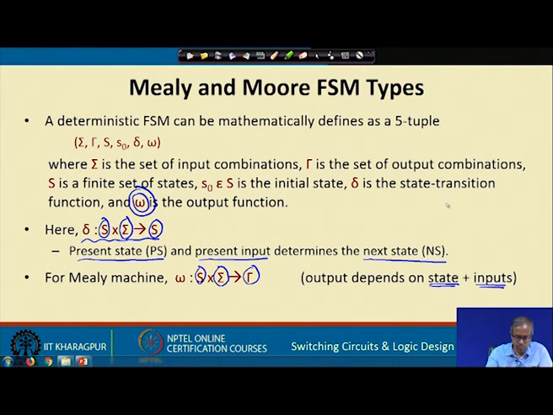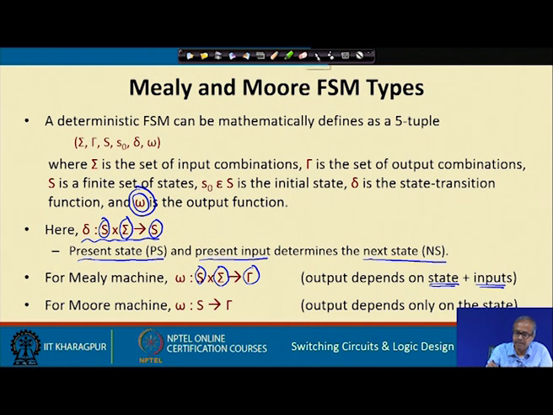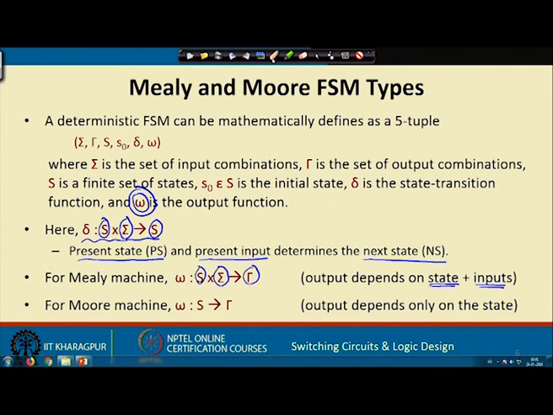But a Moore machine, you can say, is a subset of a Mealy machine. In a Moore machine, the output depends only on the present state, it does not depend on the input. So, the output is determined only by the present state.